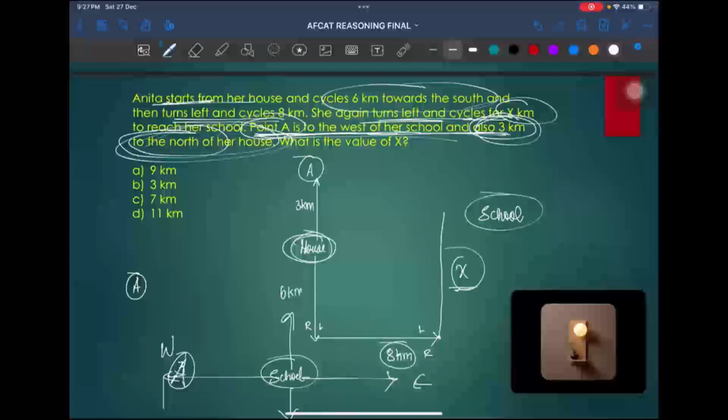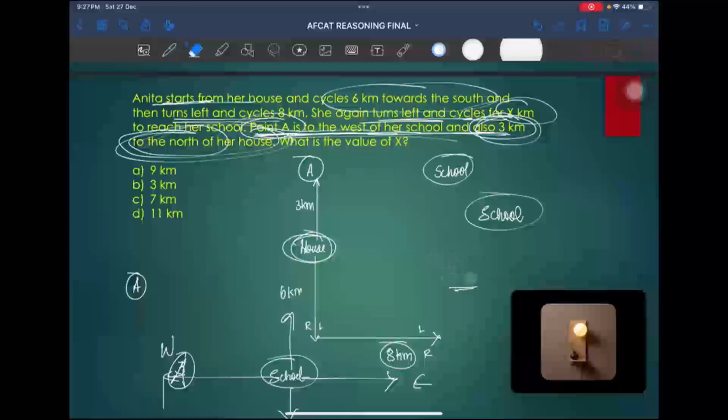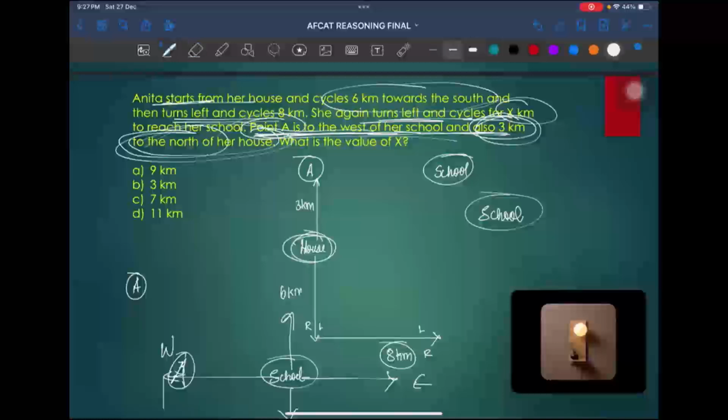Okay, and from this line, I'm getting to a conclusion that this point A is to the west of school. So I can come to a conclusion that school is here with an x distance, so I need to find the value of x.